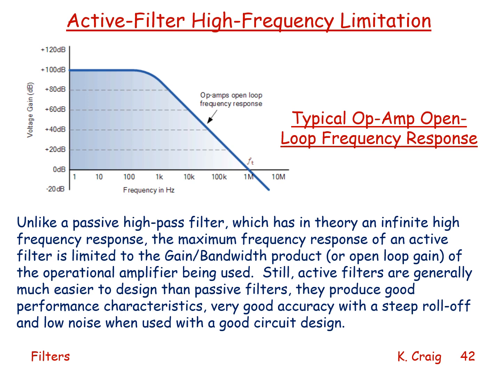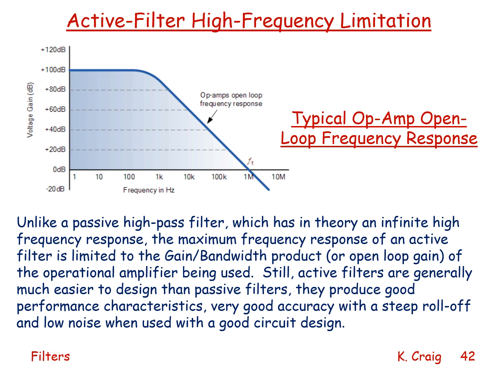However, there is a high frequency limitation for active filters. Here you see a typical op amp open loop frequency response. At low frequency, very high gain, but then as the frequency increases, the open loop gain decreases until at 1 megahertz in frequency, the amplitude ratio is 0 dB or 1.